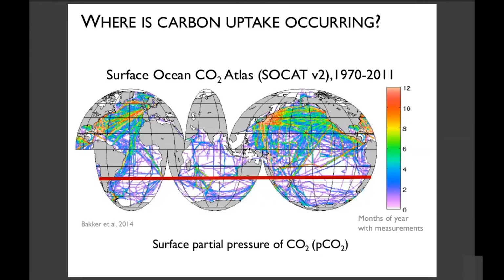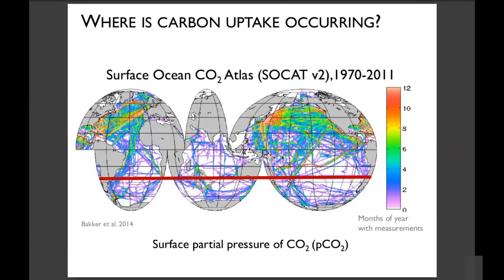This is a map of the data distribution from our shipboard measurements of surface pCO2, and you can see there are still lots of regions that aren't sampled by ships. There could be regions of the ocean that are taking up more carbon than we previously estimated, maybe at certain times of year or in certain regions.